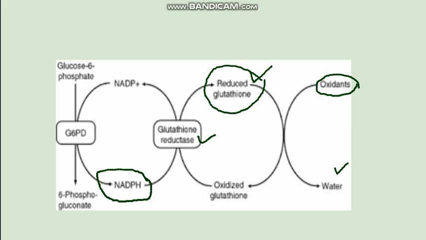This NADPH is produced with the help of G6PD enzyme. So, if this enzyme is deficient, there will be no NADPH. Further, glutathione reductase will not work, and oxidants like hydrogen peroxide will increase in the body.